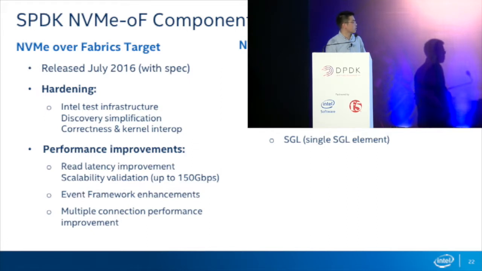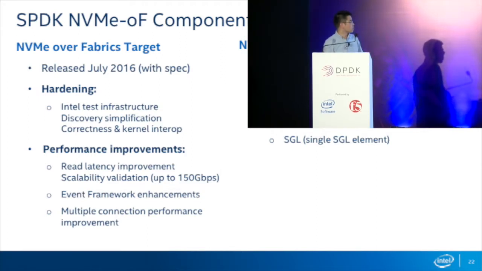We started in 2016. Actually, when the first NVMe-oF fabrics specification was opened, we were the first to implement the NVMe-oF fabrics target in user space. It is earlier than the Linux kernel version.